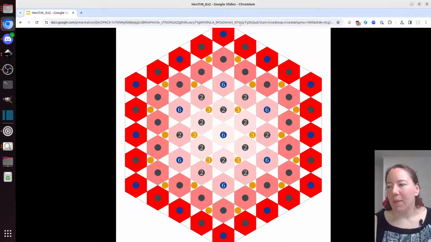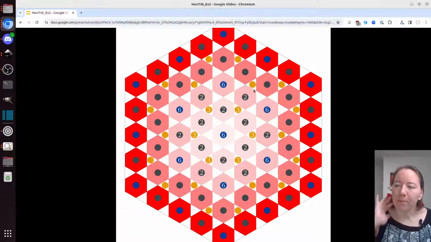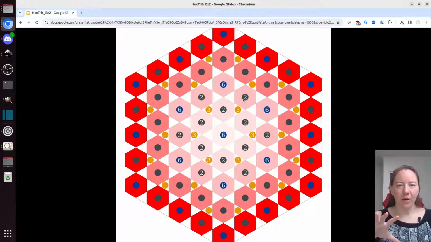And I've got these blue dots for the positions of 6-fold rotational symmetry, that hexagon 1 that we saw in the other diagram, and gray dots for the 2-fold positions. One of the interesting things about this arrangement of symmetry is that you'll see rings where there's only gray dots, and then rings where there's alternating blue and gray.